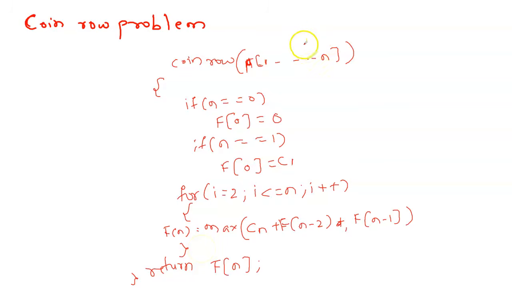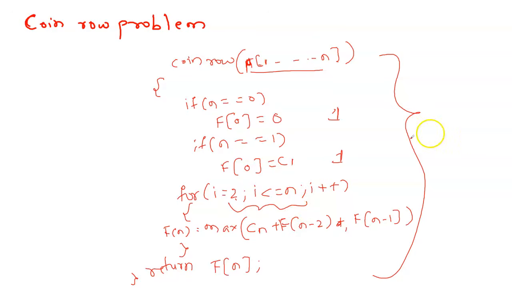So the input is the row of coins along with the cost, and then this will be the output. If we go with the time complexity of this algorithm, for the first coin it takes constant time, and it starts from the second coin up to n.